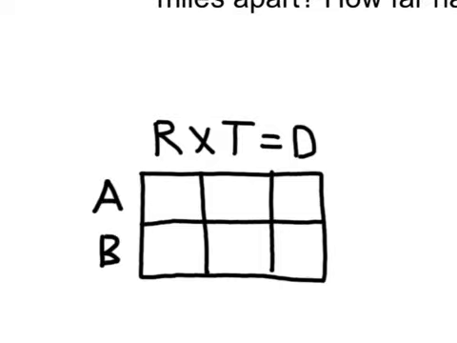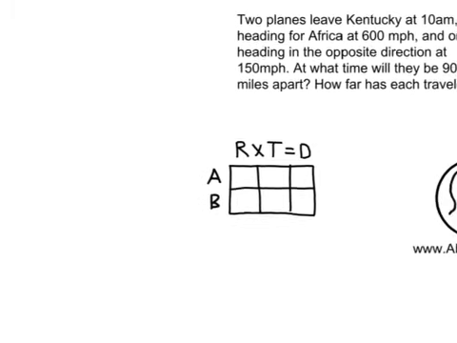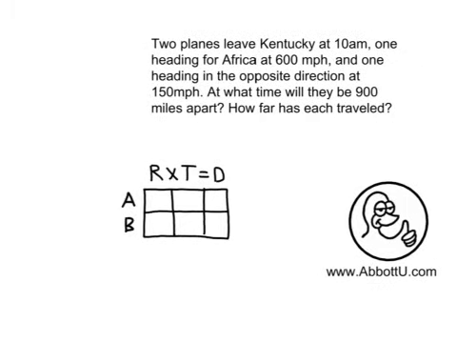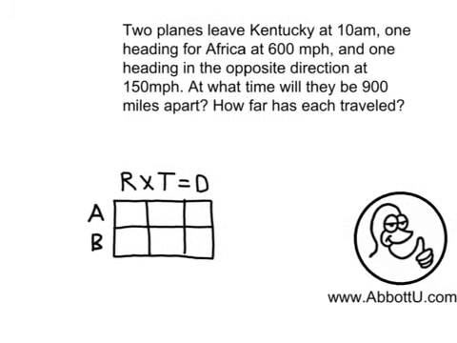And now we're going to move into the diagram drawing. This one's a little bit different because it's two planes leaving the same location, but they're traveling in different directions. Now, since they're leaving the same location, I'm going to represent that location as like this circle right here. Okay?